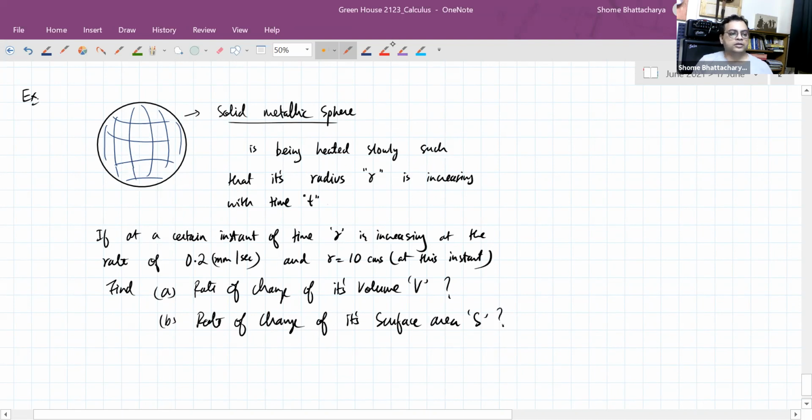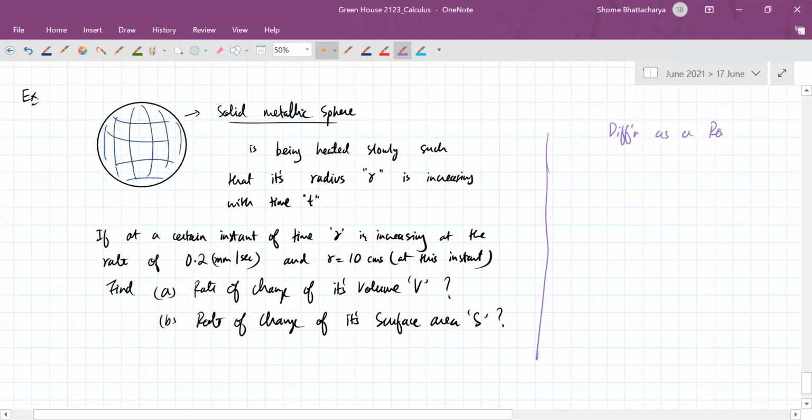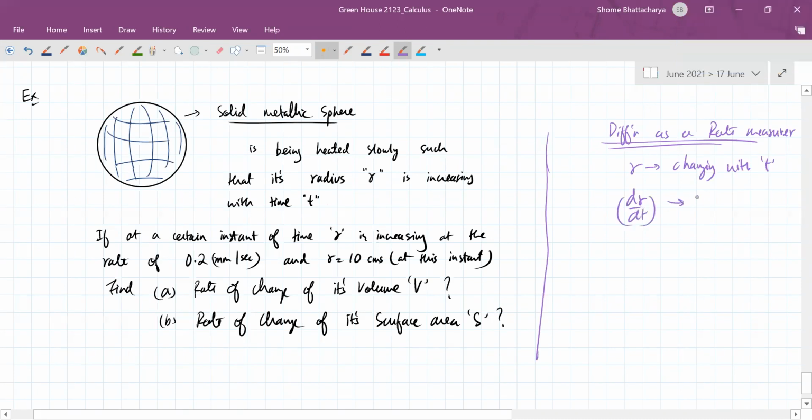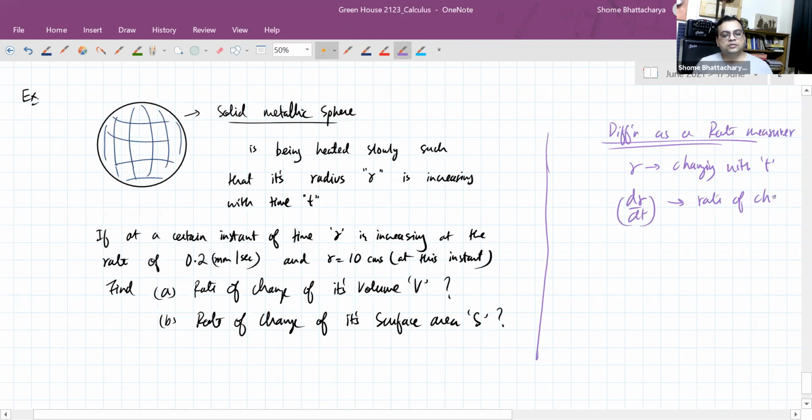Okay. So how we'll approach this question is that we will use differentiation as a rate measurer only. So what you'll understand is that r is changing with time. So dr by dt is the rate of change of r with respect to time.